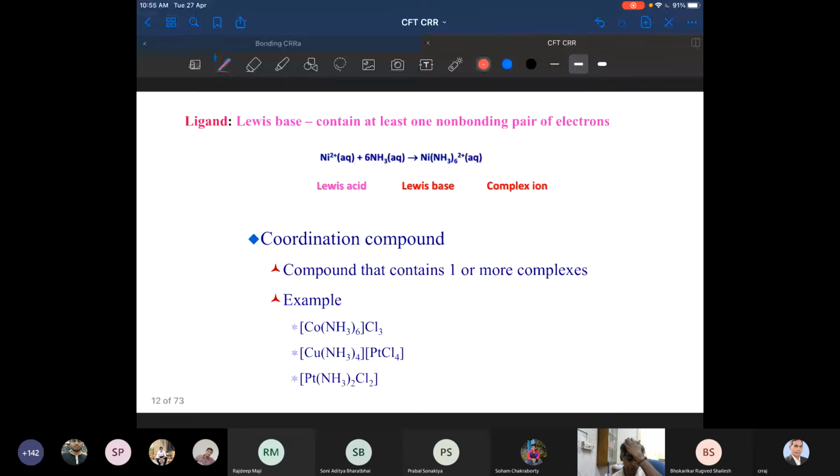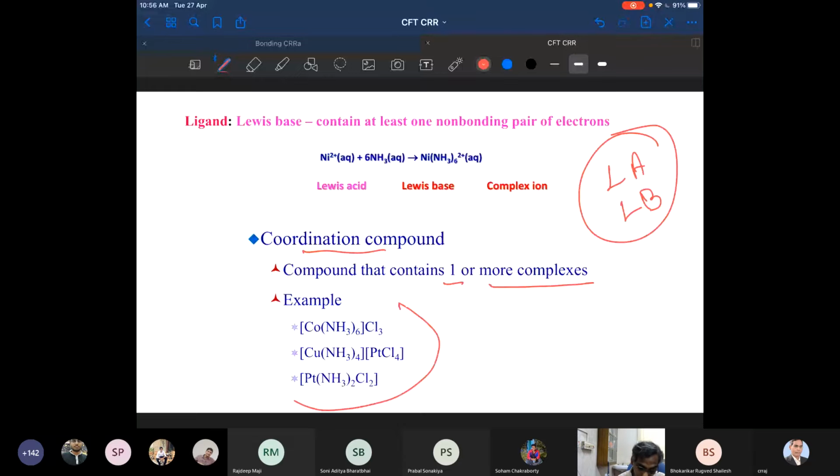Now we'll come here. As I mentioned, the Lewis acid and the Lewis base are the two things that we are going to consider in coordination chemistry. Right, a coordination compound contains one or more complexes. These are the examples. You should have studied isomerism and nomenclature in class 11, 12, and in JEE preparation, so we will not be studying all that.